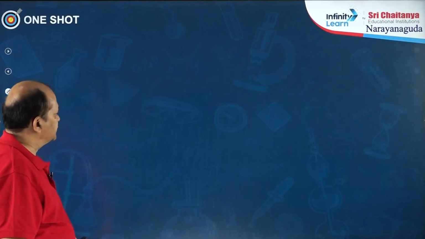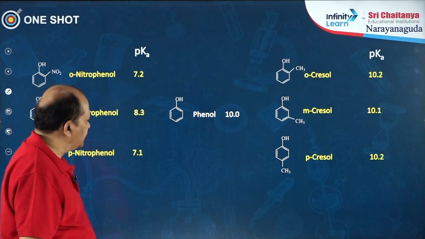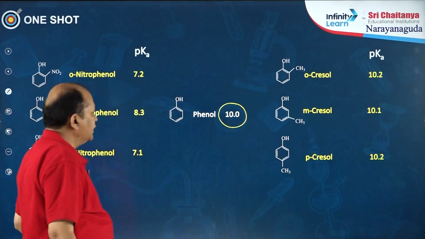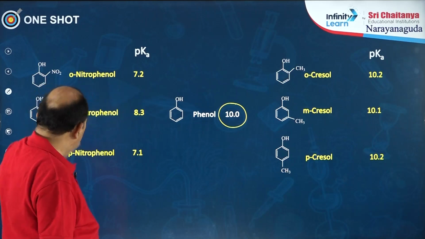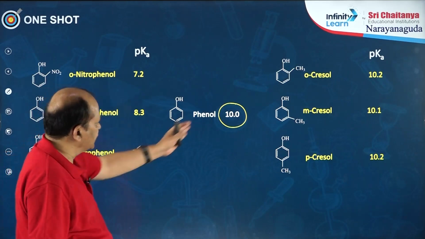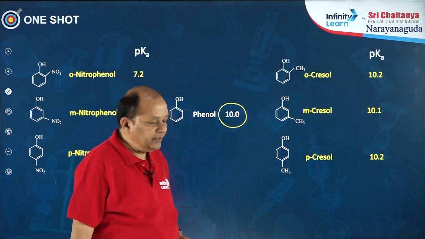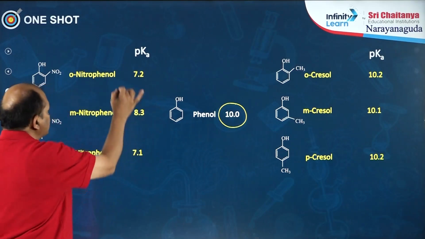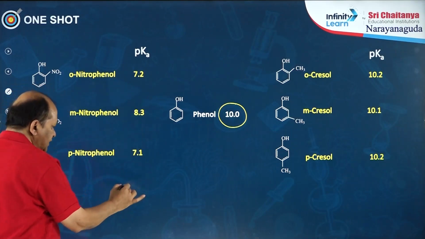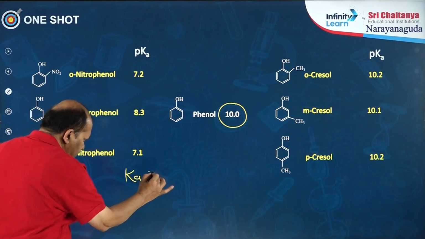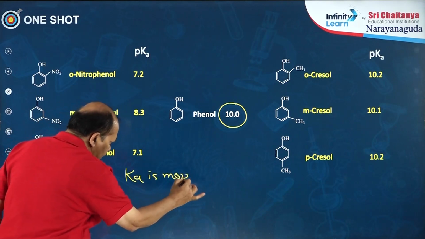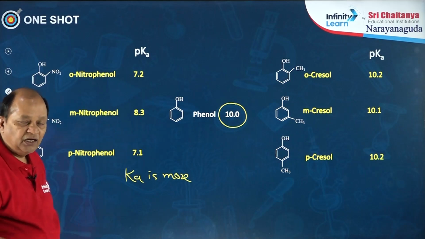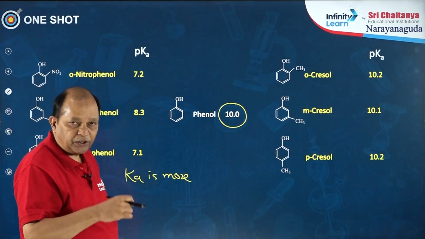Okay. Next. This is an interesting comparison here, phenol with a pKa value of 10, and on this side nitrophenols, on the other side methylphenols are given. Here we can see that the pKa values of nitrophenols are less, meaning Ka is more, meaning nitrophenols are stronger acids when compared to phenol.